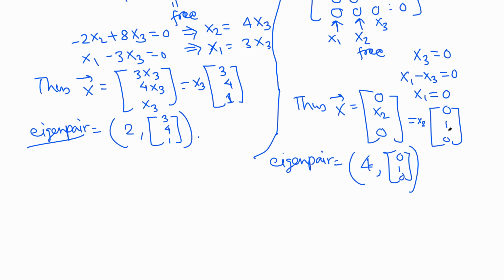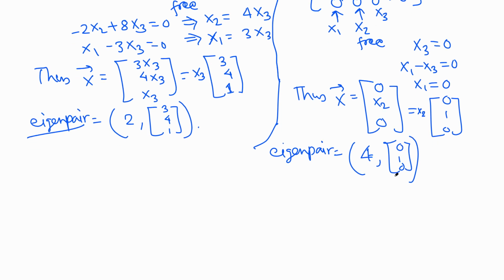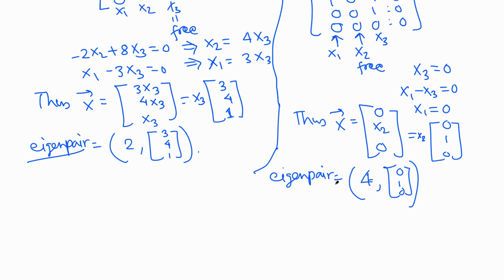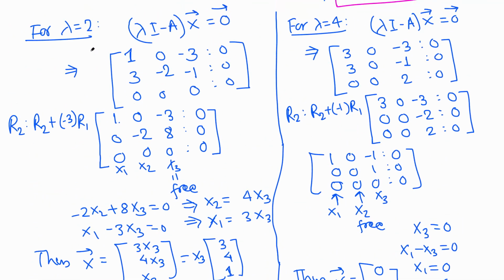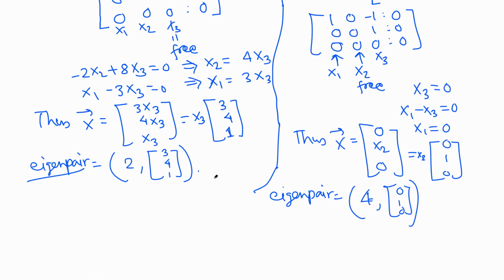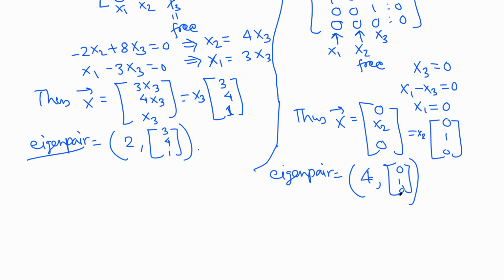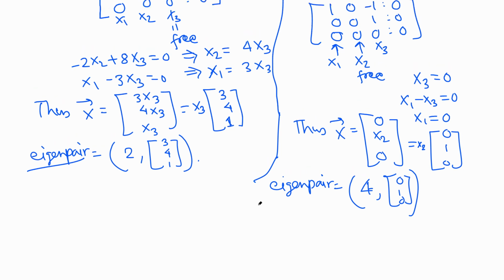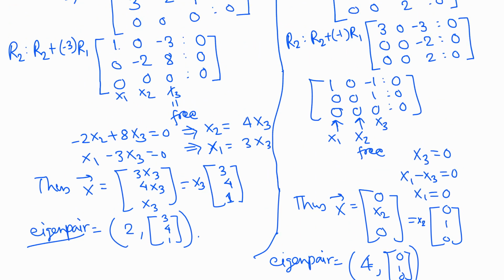So this is a basis for the eigenspace, corresponding eigenvector 0, 1, 0. In fact, there are infinitely many correct answers. And we know that these eigenvectors 1, 1, 0, 3, 4, 1, and 0, 1, 0 are coming from distinct eigenvalues, so they are linearly independent. Okay, final.